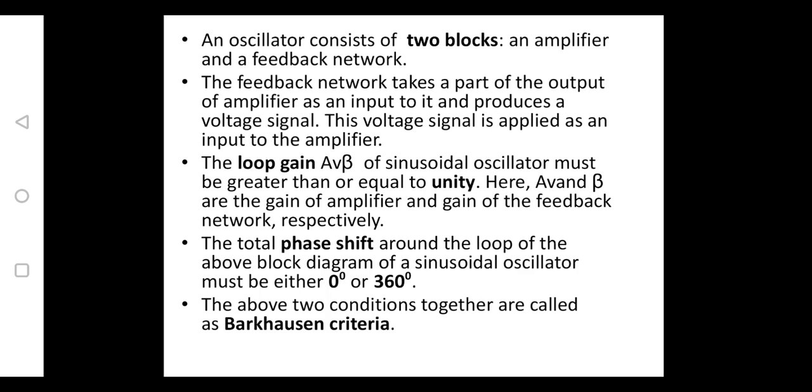What is meant by this criteria is that the loop gain, that is A beta of the oscillator, should be greater than or equal to 1, and the second is that the total phase shift around the loop should be equivalent to either 0 or 360 degrees. If at least one of these conditions is not satisfied, then such a circuit is not considered an oscillator circuit.